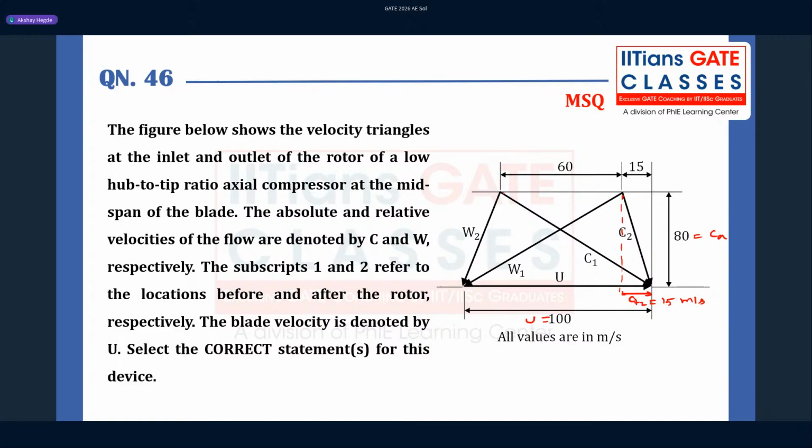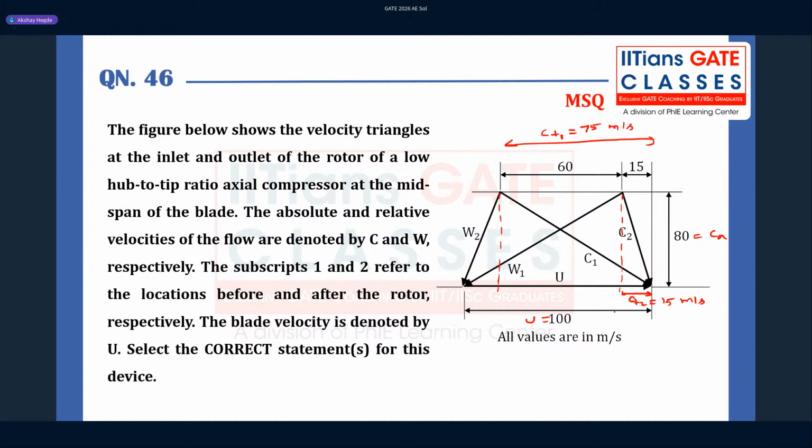So that is nothing but the component of C1, so that is Ct1. Ct1 is equal to 75 meter per second. So these are the information we can directly gather from this figure.